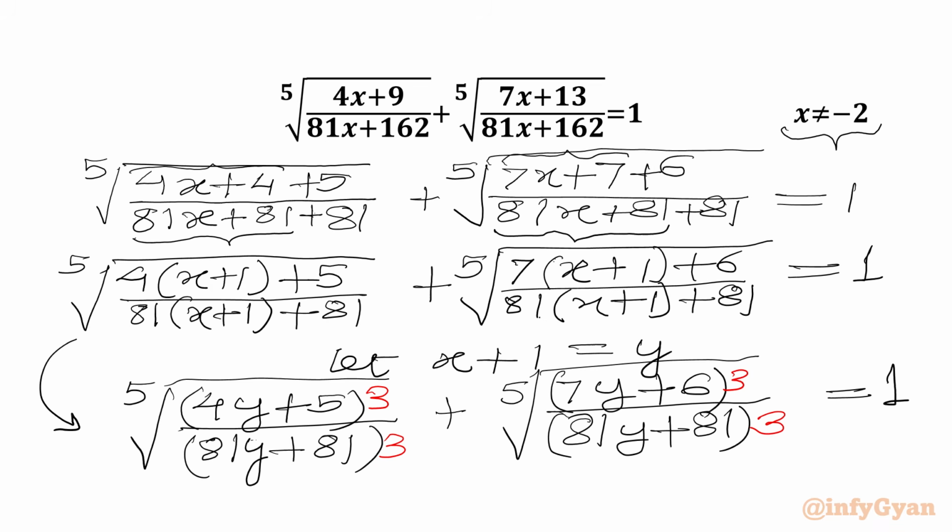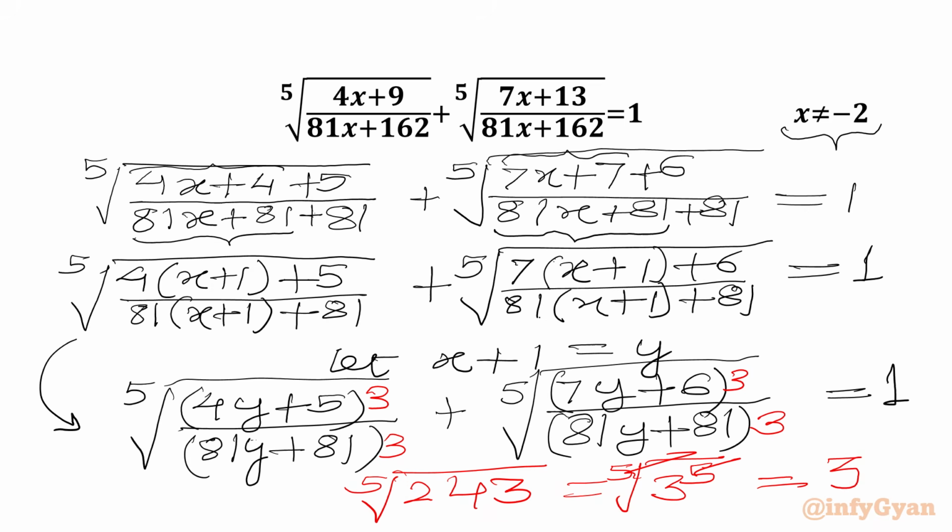Now denominator will become 243y plus 243, and we know that fifth root of 243 is fifth root of 3 power 5. Fifth root and power 5 will get over. We can write over there 3. So in denominator there will be 3 outside from this fifth root, and inside the radicand we will get y plus 1.